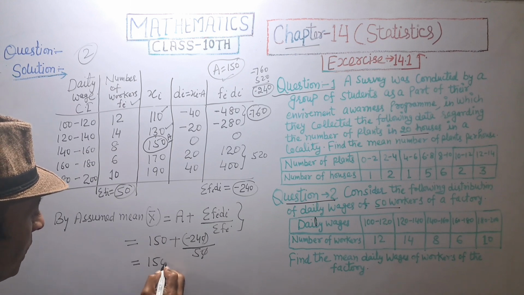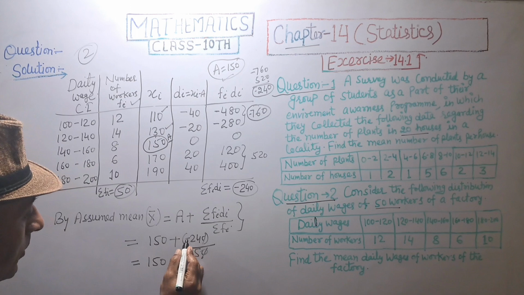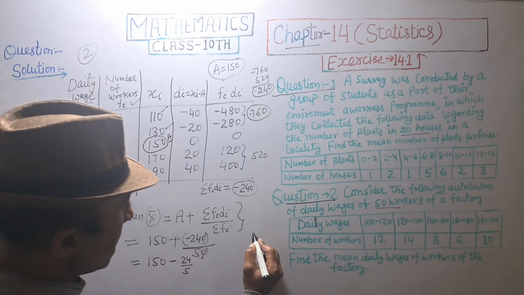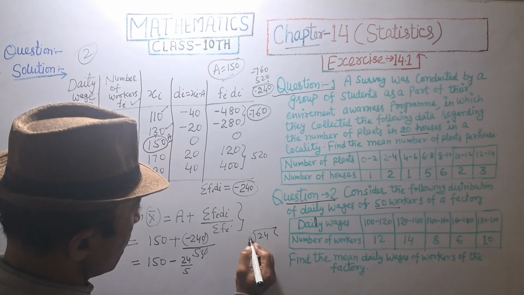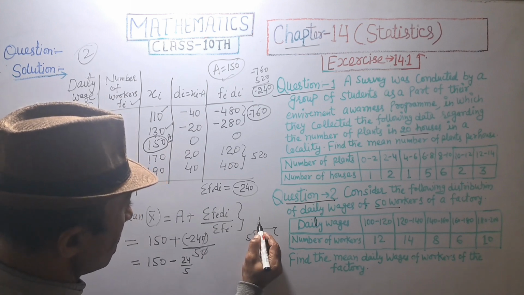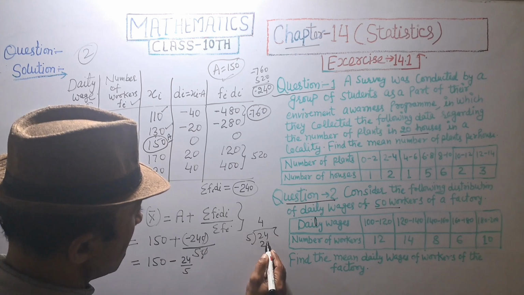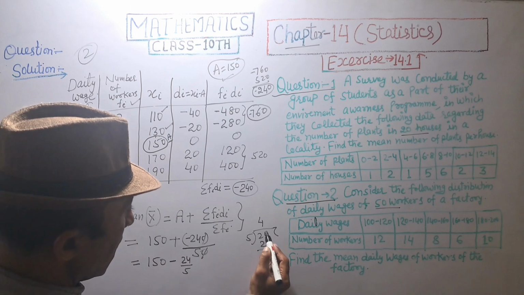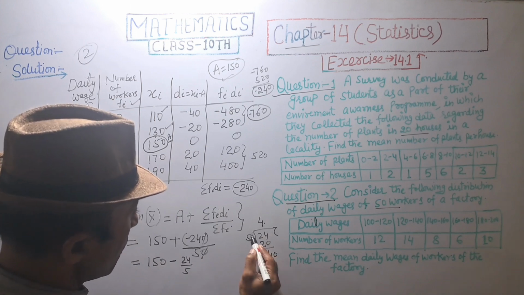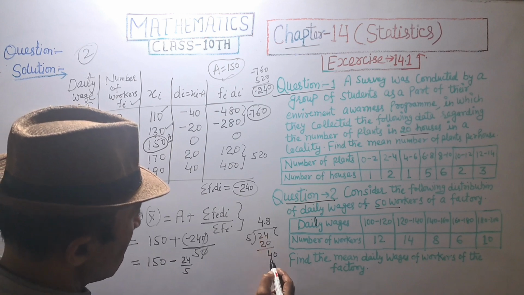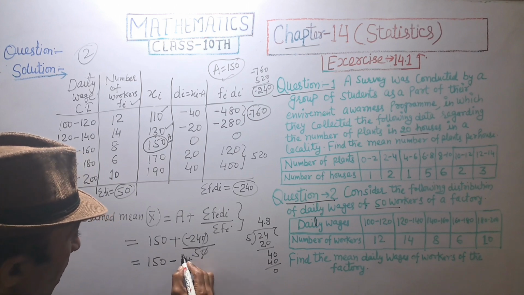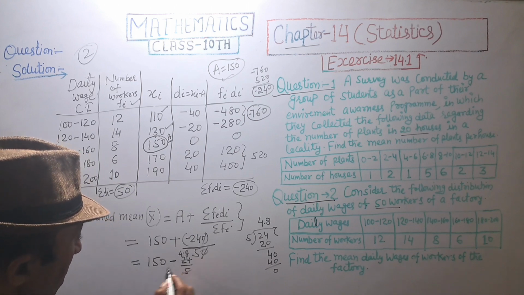But 150, minus plus multiplied by minus, that is minus 24 upon 5. Divide 24 by 5. 5 4s are 20, 5 8s are 40. This is cancelled by 4.8.